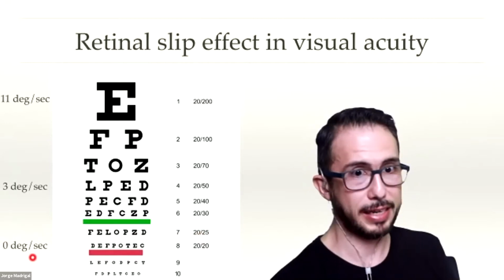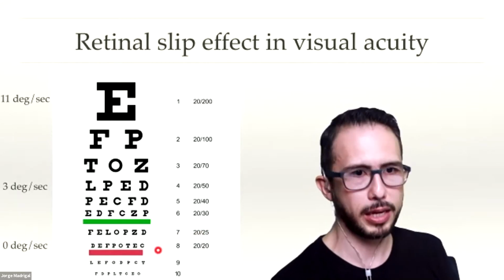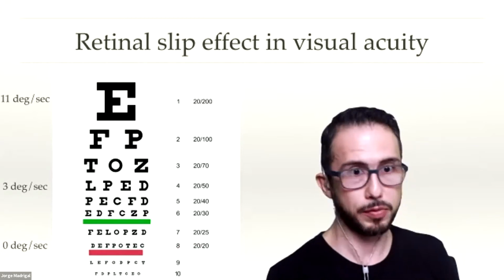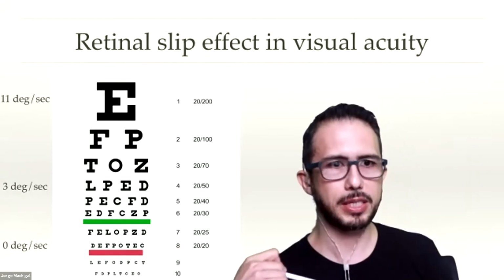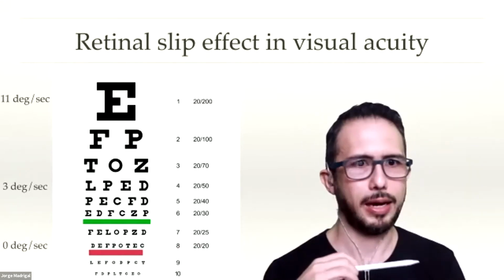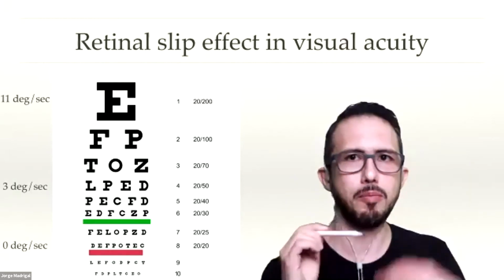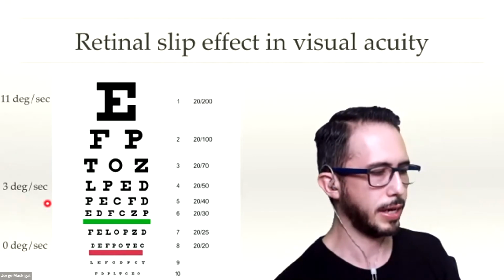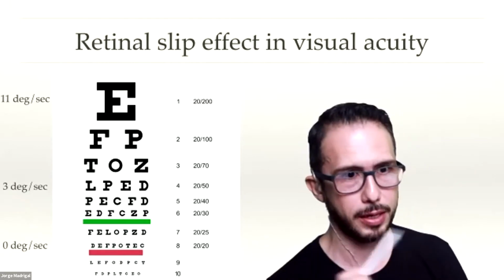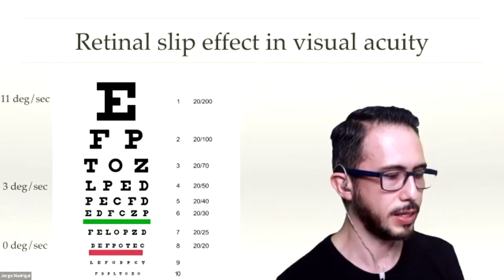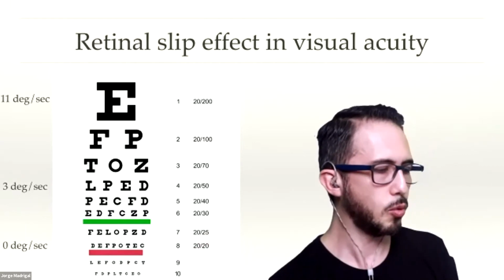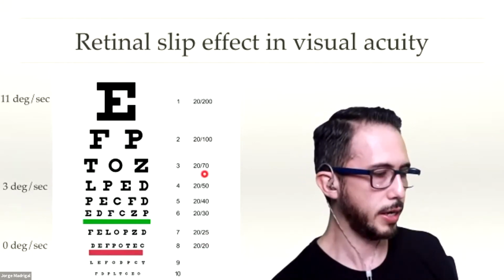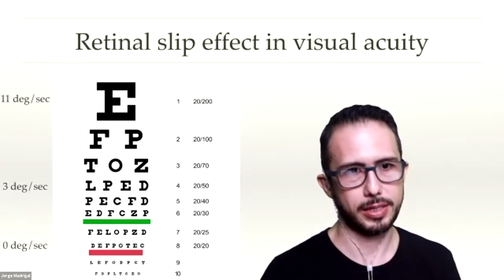If you don't have any kind of retinal slip, you will have 20/20 moving your head. If you have a vestibular deficit, for example, a deficit that moves the image only 3 degrees per second when your head is moving, your 20/20 static visual acuity will worsen to 20/50, for example.